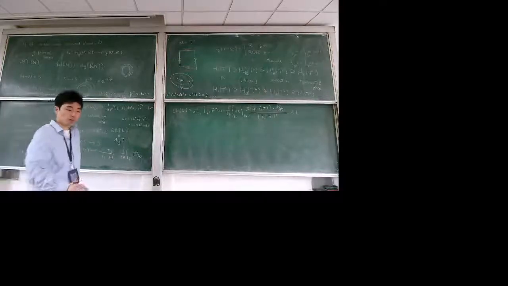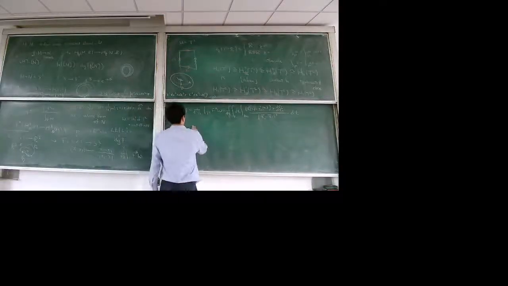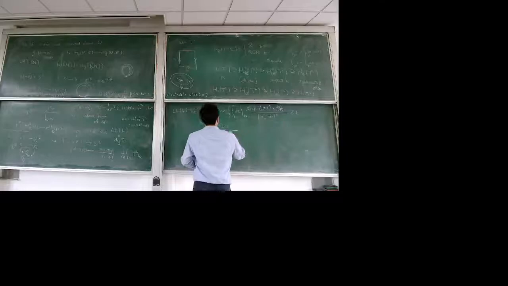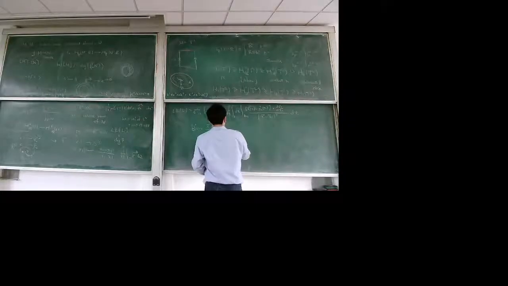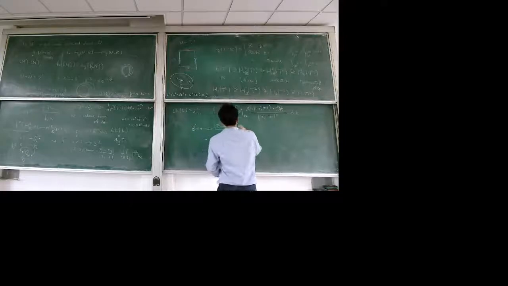And this magnetic field B is indeed given by x minus x1(t) divided by the norm of x minus x1(t), cubed, times dx1 dt. So this is the magnetic flux generated by the current.